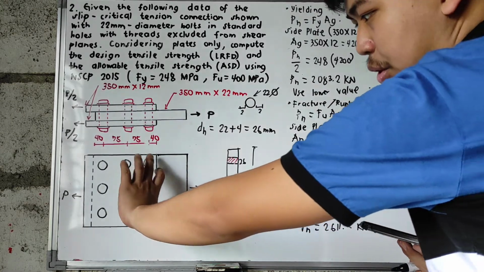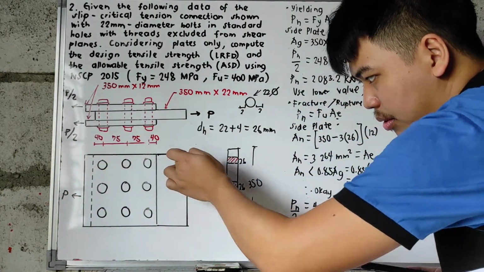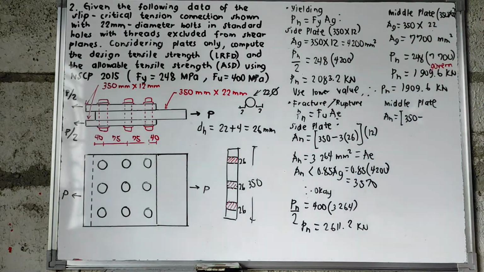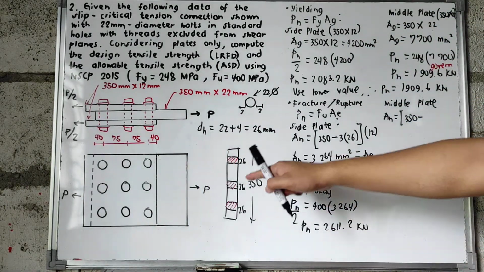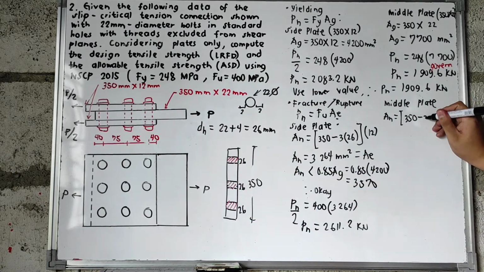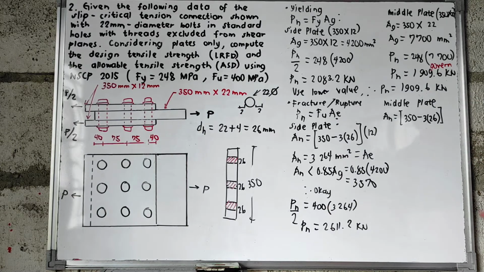So kung i-consider, ito yung side plate natin, so ito yung top view, tapos etong part na to, ito naman yung middle plate natin. So meron tayong 3 butas na makikita dito, 1, 2, 3 multiplied by the diameter of the hole. Tapos, yung thickness naman nito, that is equal to 22 mm.